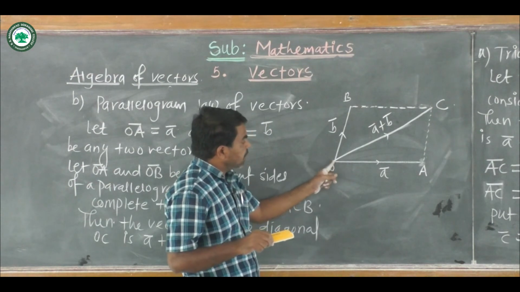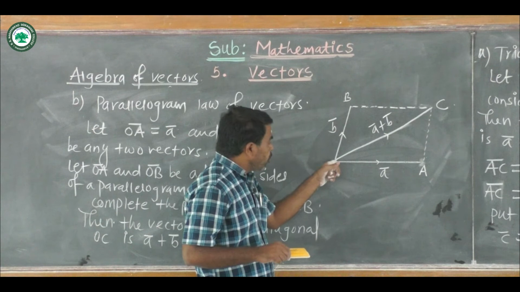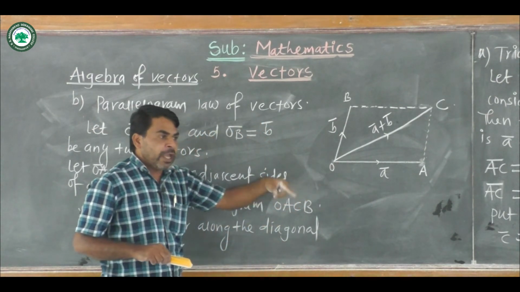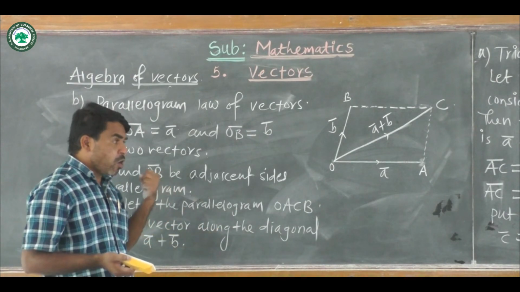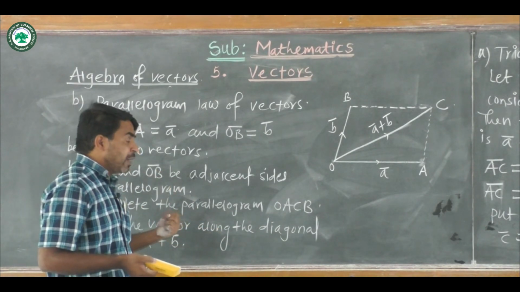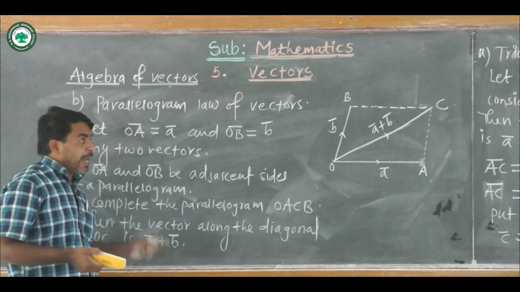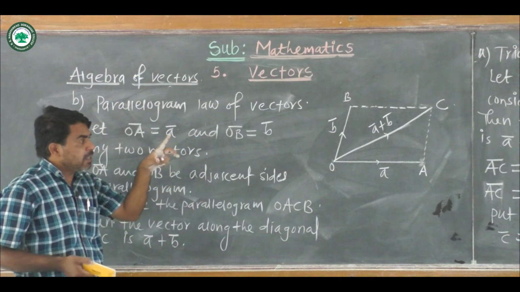We have two vectors OA bar and OB bar. That diagonal should be co-initial with OA bar and OB bar. OA bar and OB bar are co-initial vectors because they have a common initial point. So your diagonal should be co-initial with them, and along that diagonal the vector is A bar plus B bar.